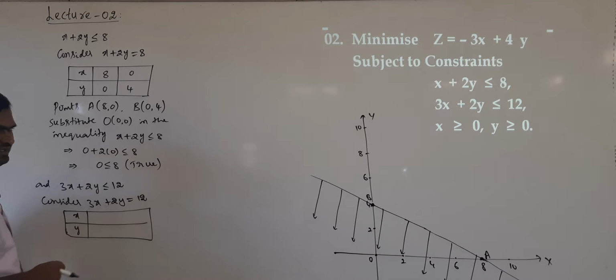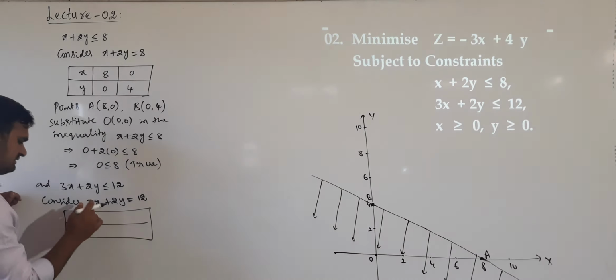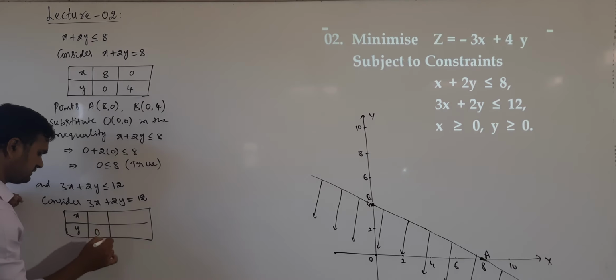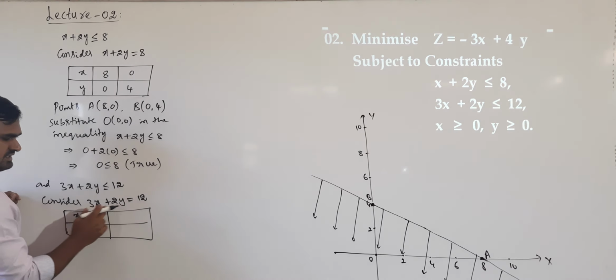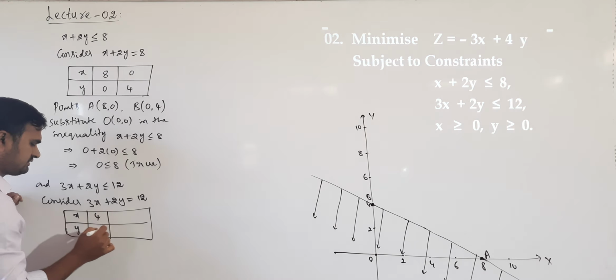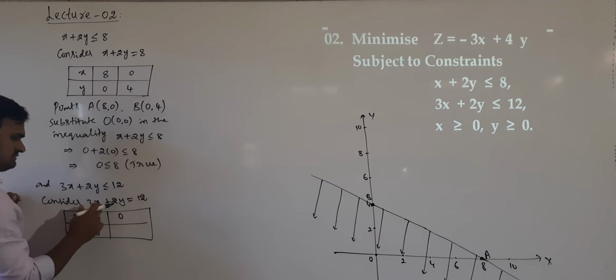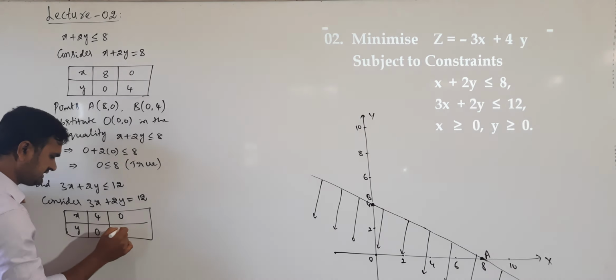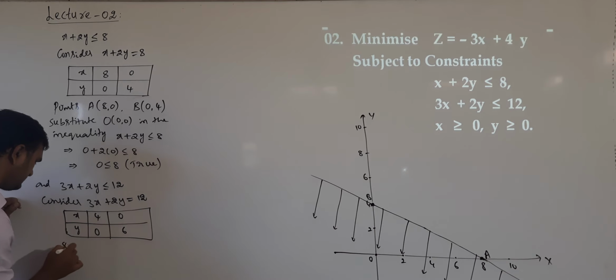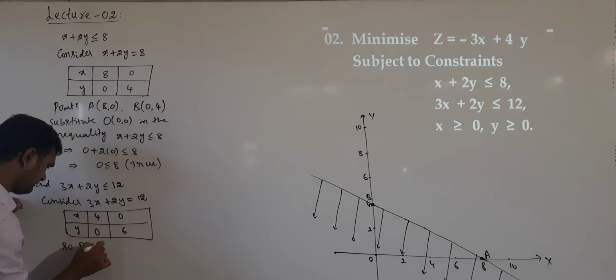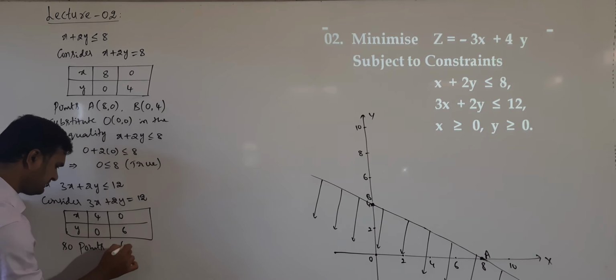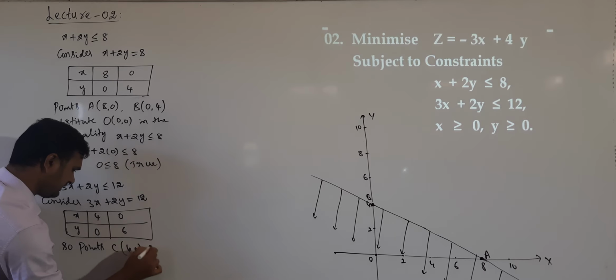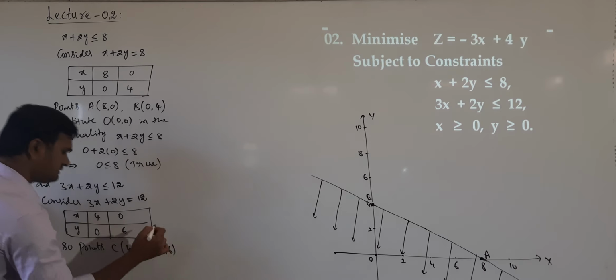To draw the line, we need 2 points at least. So if we take y is 0, what is x value? Y 0 means 3x equal to 12, x is 4. When x is 0, 2y equal to 12, y is 6. So points are, C I will take 4, 0 and D is 0, 6.